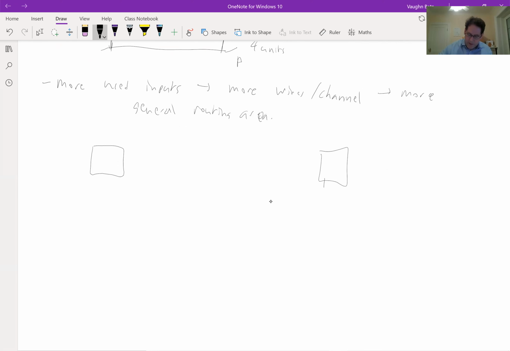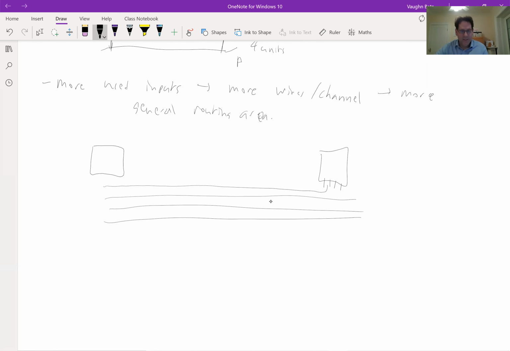Okay, so this 4 LUT has, let's keep it simple. Let's say that it has 4 inputs that need to come into it. So lambda equals 4. And let's say every one of those signals comes from 4 blocks away. So then as I draw these out, I'm going to have 4 wires that are overlapping in the channel. If that makes sense.